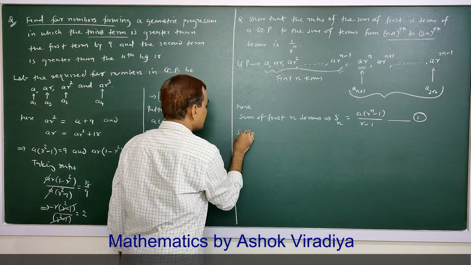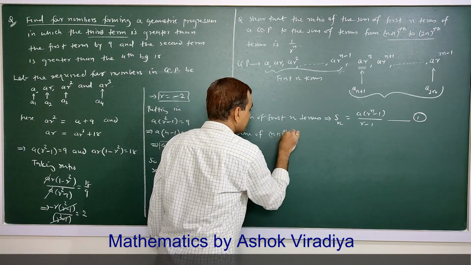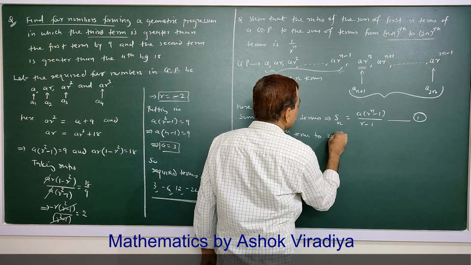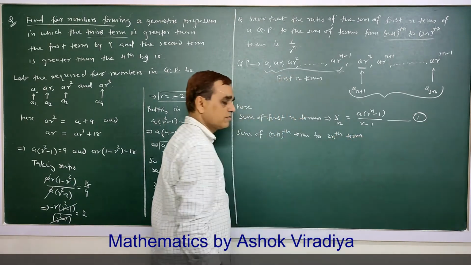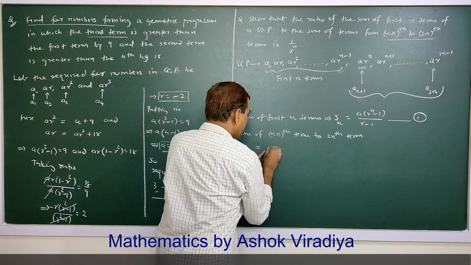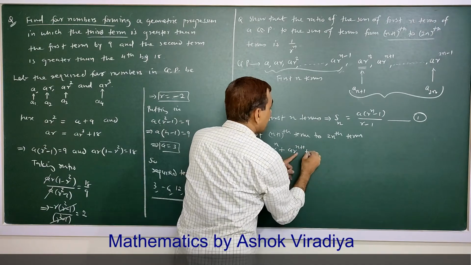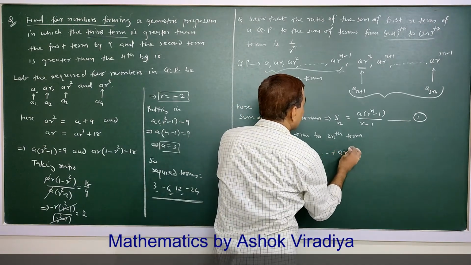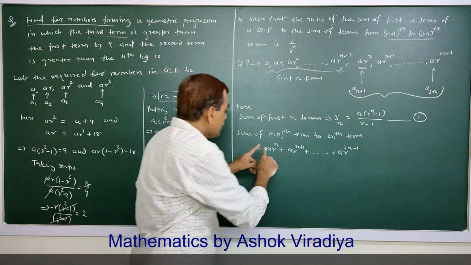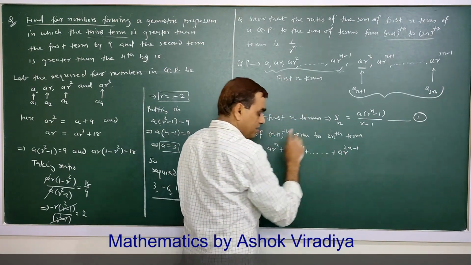So sum of n plus 1th term to 2nth term, that is, it is equal to ar raised to n plus ar raised to n plus 1 plus up to ar raised to 2n minus 1. So sum of n plus 1th term to 2nth term.